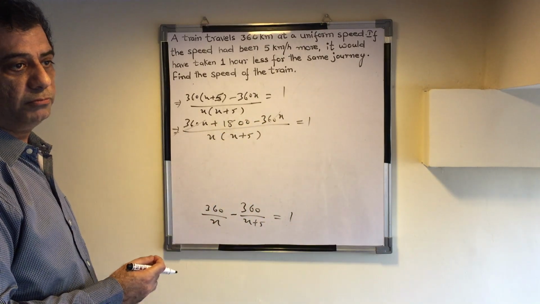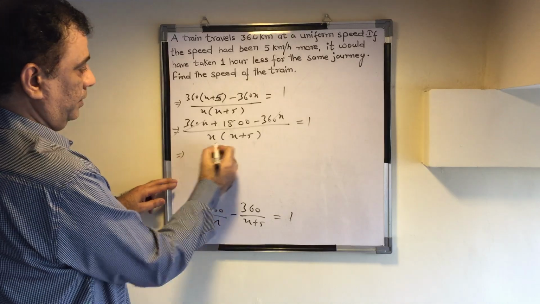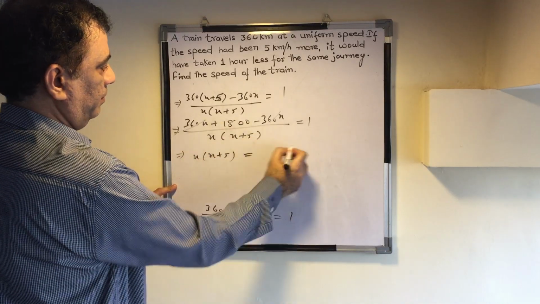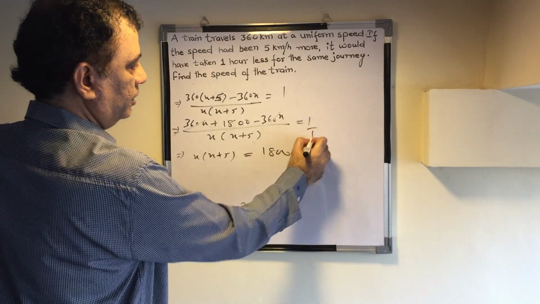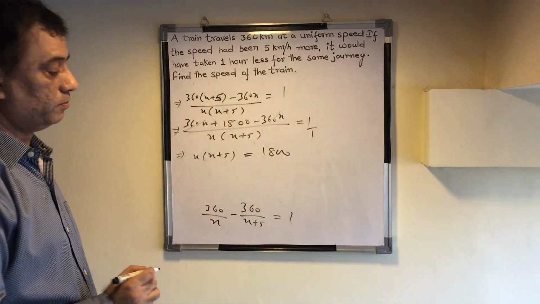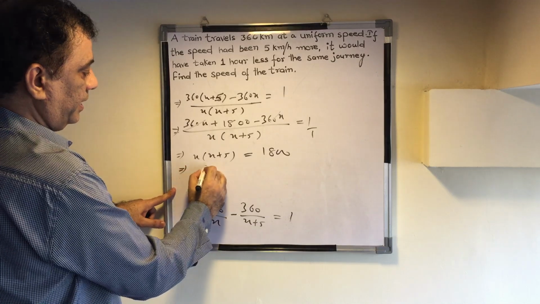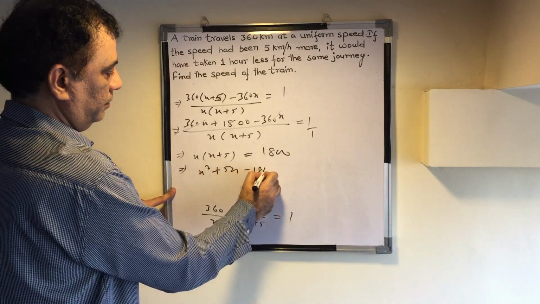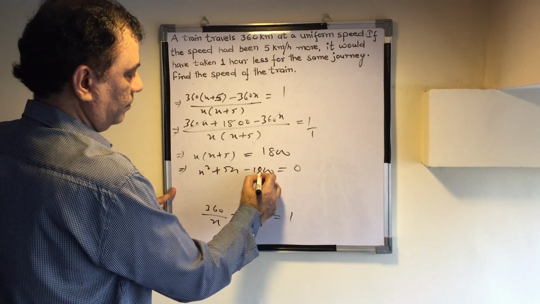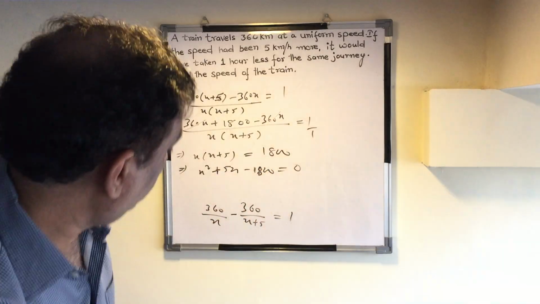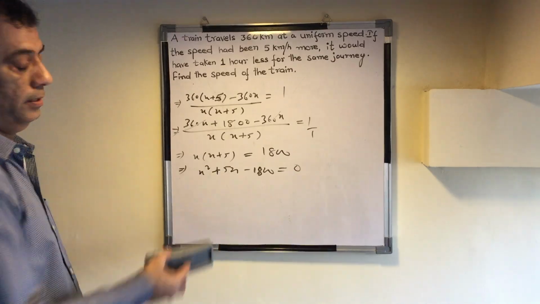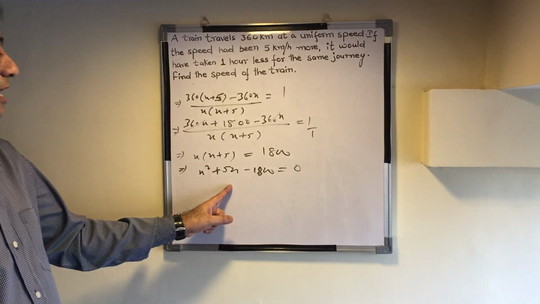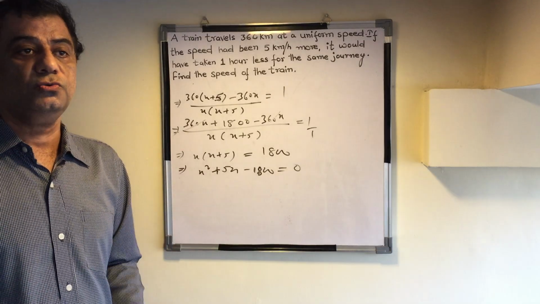After cross multiplication, this will be x into x plus 5 into 1, and 1800 is by 1. So this will be x square plus 5x, and we shift 1800 to the LHS. Now this is the quadratic equation: x square plus 5x minus 1800 equals 0.